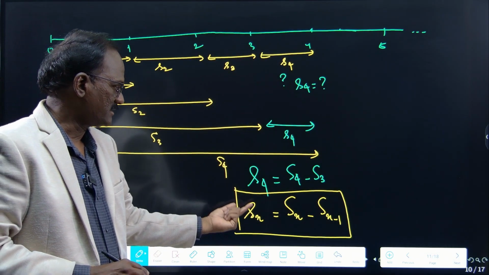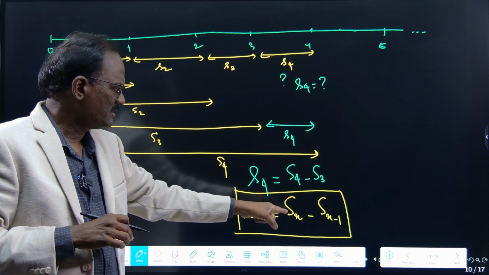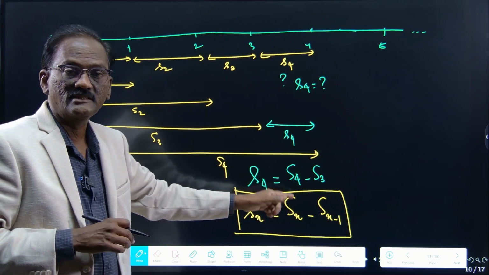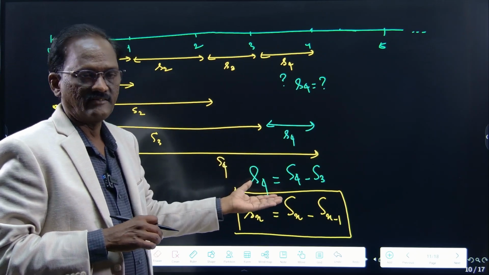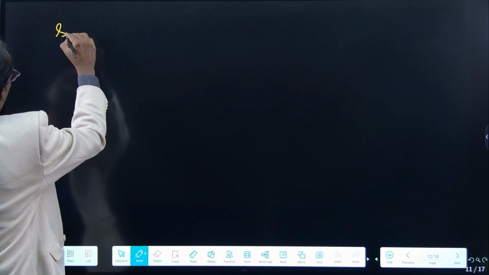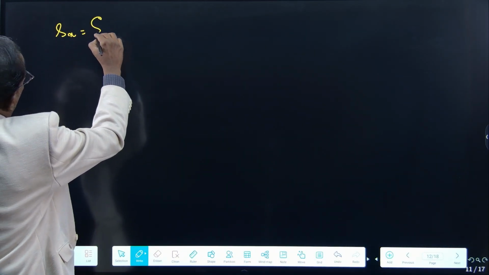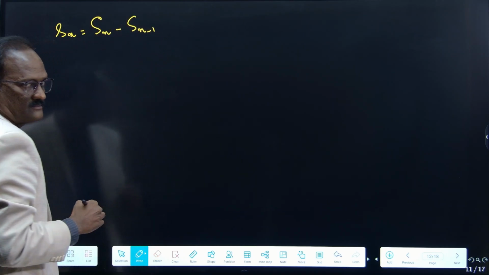It is the total distance from the beginning minus the previous interval, Sn minus 1. So sn is equal to Sn minus Sn minus 1.